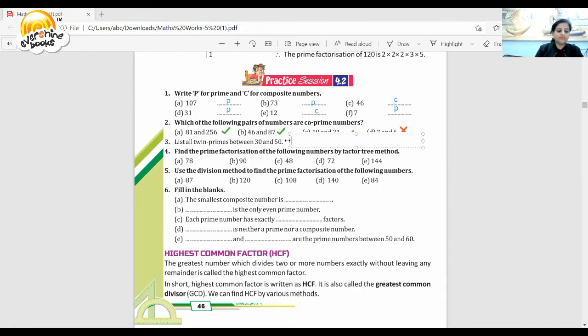Okay, here I'm going to tell you about twin prime numbers. Prime numbers that are the same distance apart, like 31, 37, 41, 43, then 47. They are called twin prime numbers. After that, find the prime factorization of the following numbers by the factor tree method, which is going to be shown on the whiteboard.